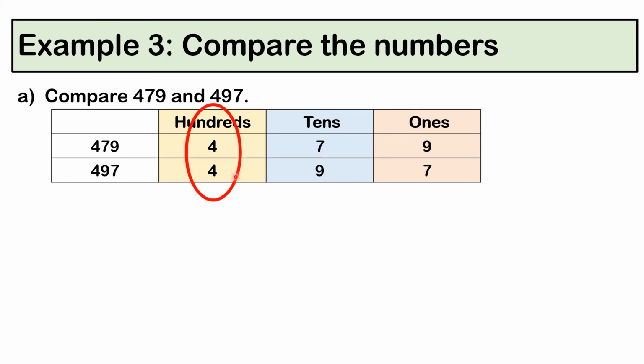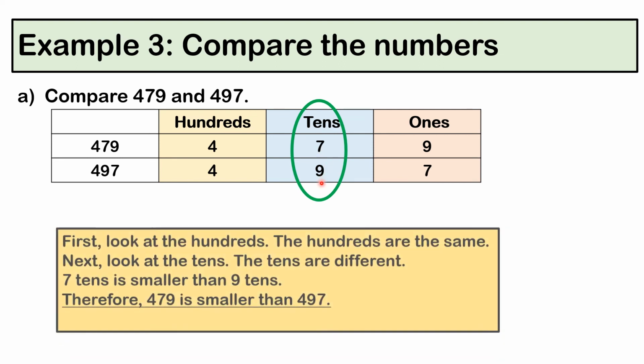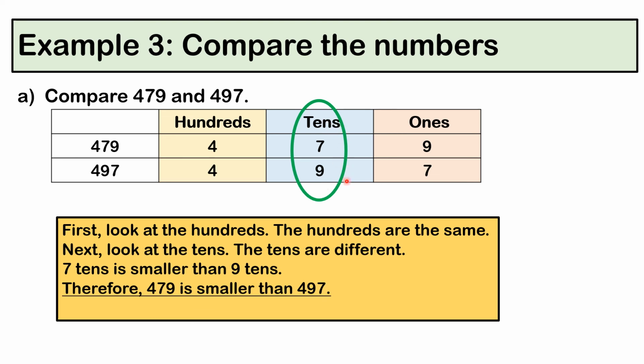So we cannot compare to see which one is smaller or greater. So we move to looking at the tens, where we have 7 tens versus 9 tens. The tens are different, where 7 tens is smaller than 9 tens. Therefore, now we know 479 is smaller than 497.